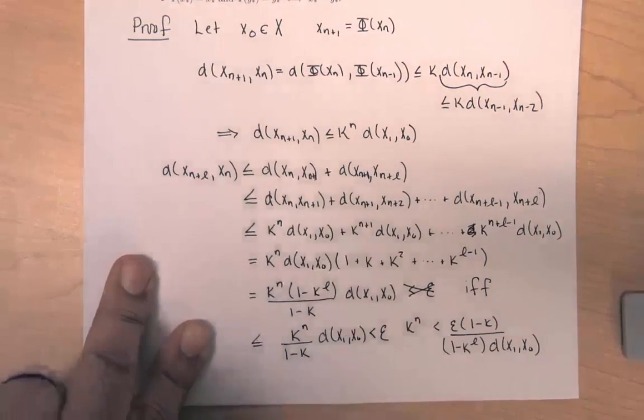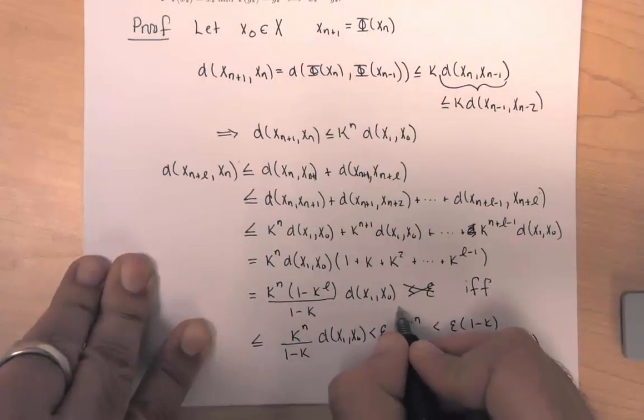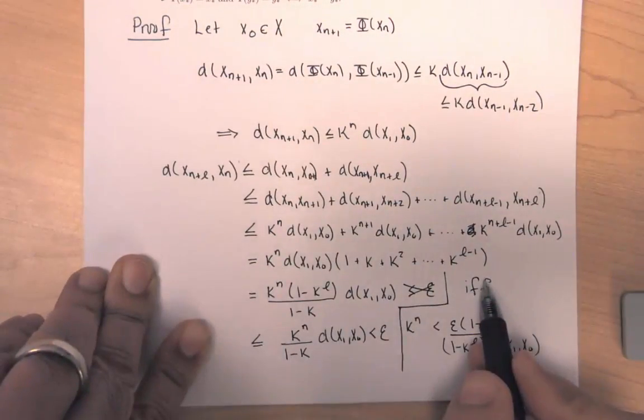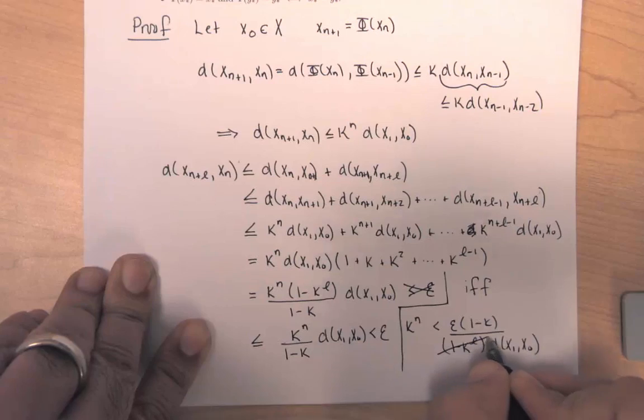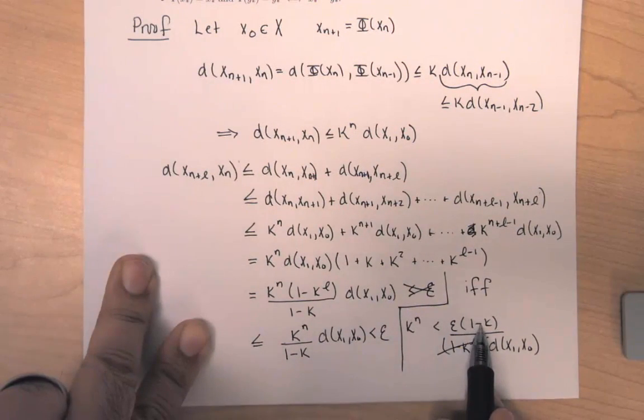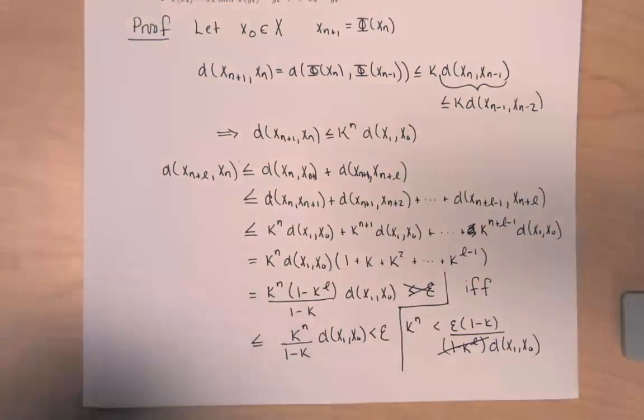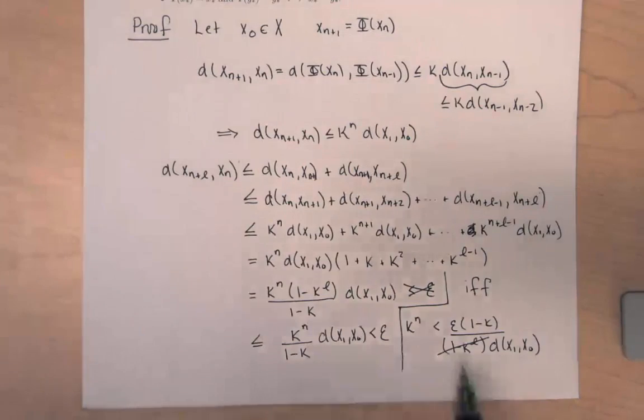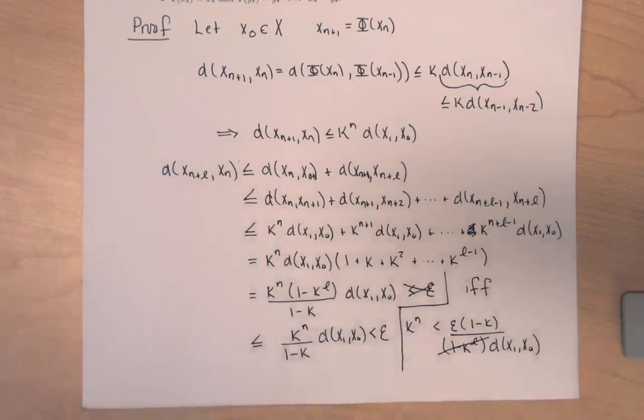And this is less than epsilon if and only if k to the n is less than epsilon times 1 minus k divided by that initial distance. That's simpler, and it also makes my choice of n independent of L, because I want L to be arbitrary.